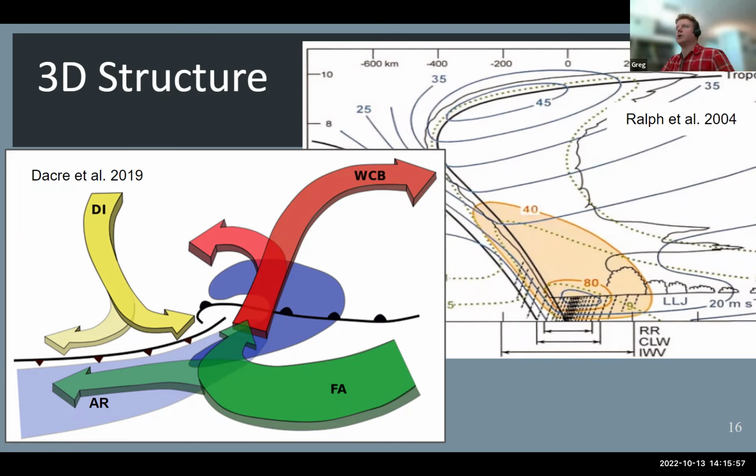And that's shown in this cross section here, where the orange shading shows the moisture, the water vapor flux basically into the page. And the lines here are the cold front. So you can see that the atmospheric river is just out ahead of the cold front with most of the moisture advection at the lowest levels.